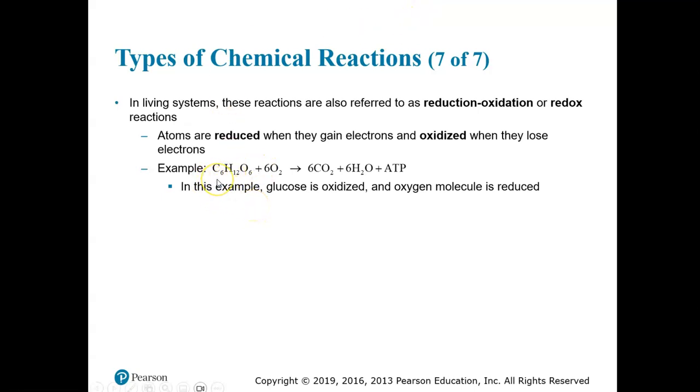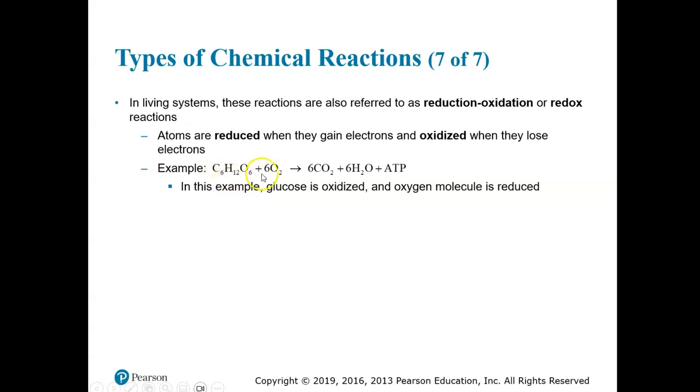We're looking at glucose, C6H12O6, reacting with 6 molecules of oxygen, and those together react to form 6 molecules of carbon dioxide plus 6 molecules of water, and then in the process, ATP is created. This is the chemical equation for the reaction that we call cellular respiration.